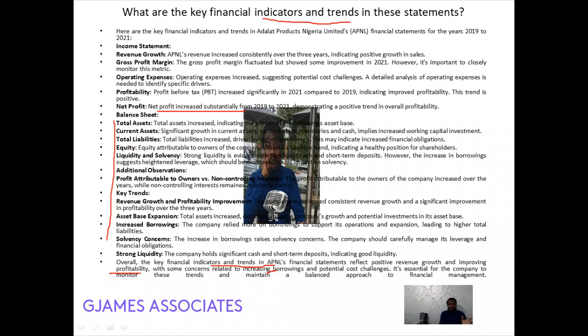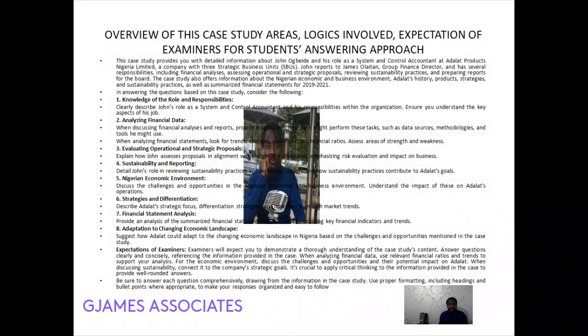So it is essential for the company to monitor this trend, especially under our P or L now. We need to monitor our administrative expenses, and we need to look out for the liabilities and monitor our borrowing. These are some of the recommendations you could make when you are writing your exams.